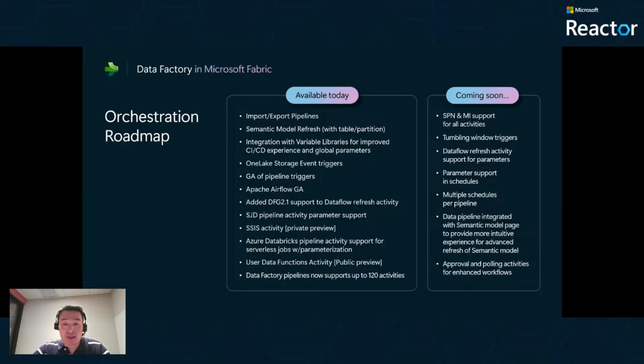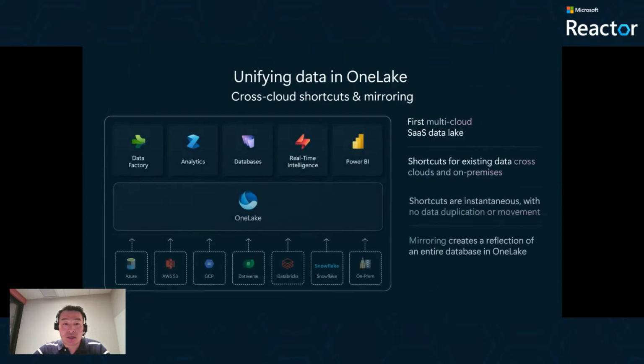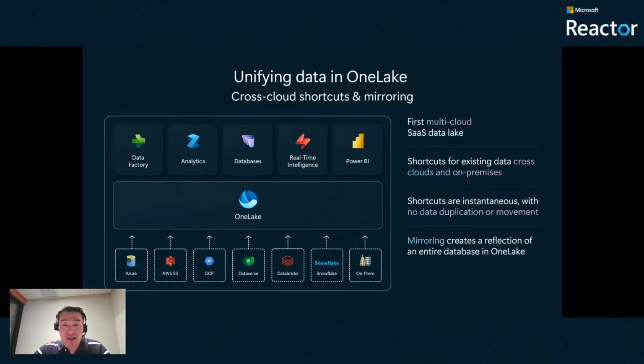Next, we're going to switch to another topic to talk about unifying data in OneLake. In the story of unifying data in OneLake across multiple cloud scenarios, there are two major features in Microsoft Fabric to help you. One is shortcut, to help you get access to your data in storage-based stores from Fabric without any data movement.